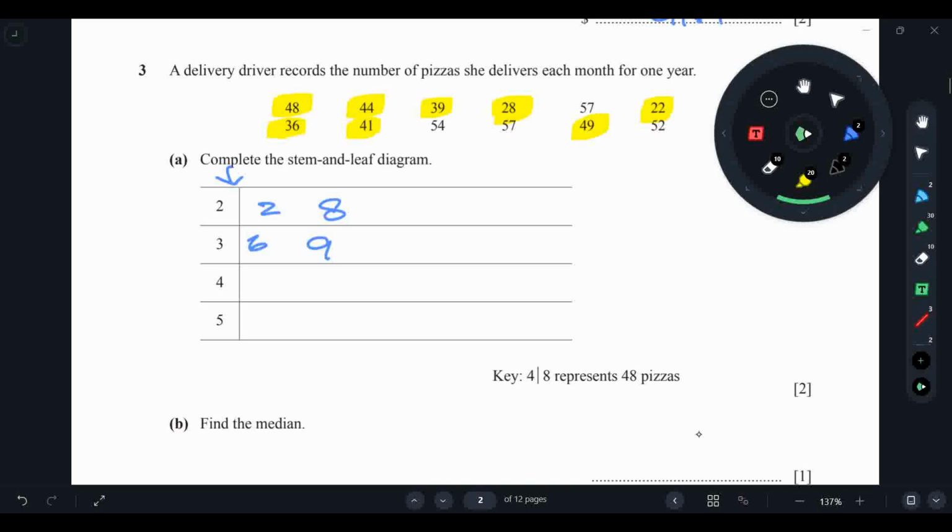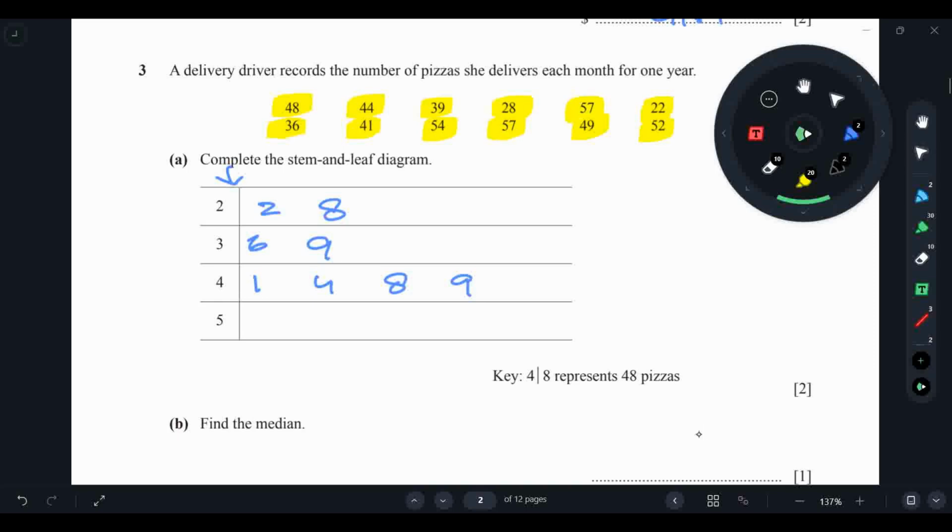So we have 4 numbers. The last one is the 50s, where we have 52, 54, 57, and 57.